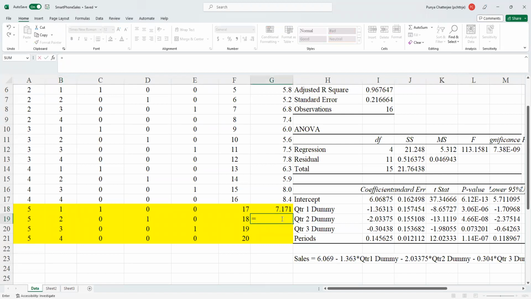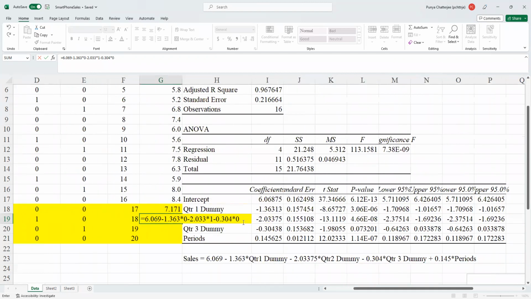Similarly, your forecast for year 5 quarter 2 is 6.069 minus 1.363 multiplied by 0, minus 2.033 multiplied by 1, minus 0.304 multiplied by 0, plus 0.145 multiplied by 18.